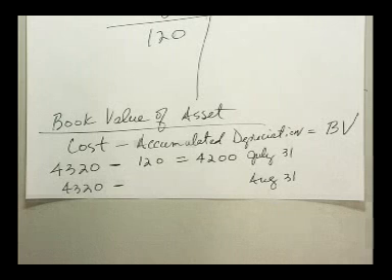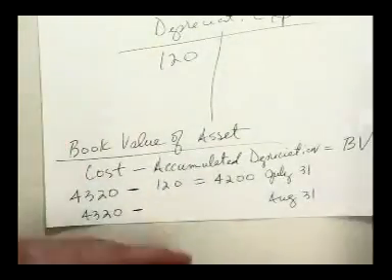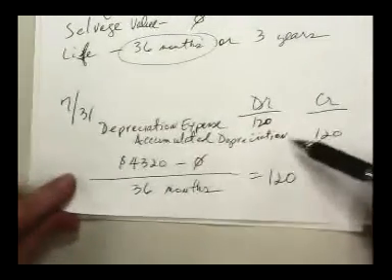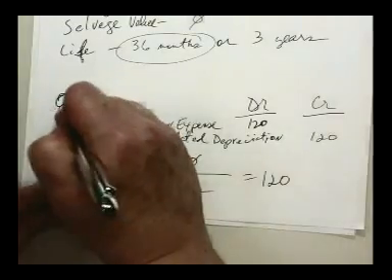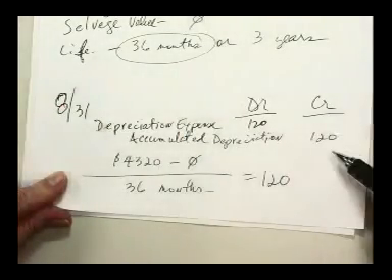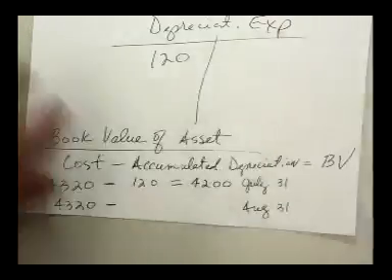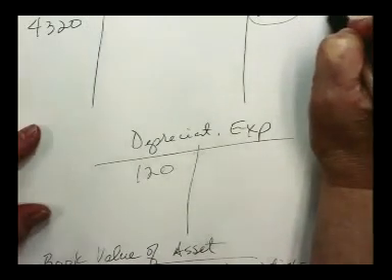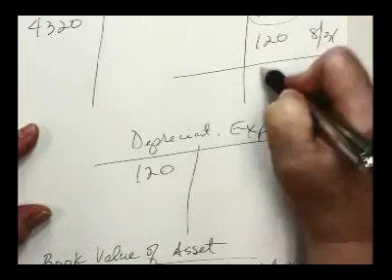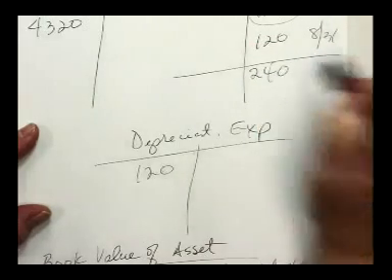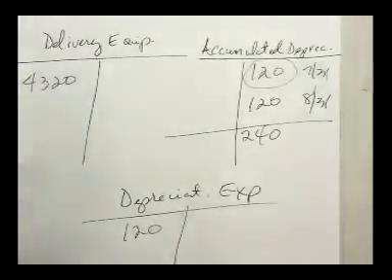So on August 31st, I'll do the same journal entry again, won't I? I'll debit depreciation expense, credit accumulated. So remember, this was on July 31st. Now I've done it again on 8/31, another 120. So right now, accumulated depreciation is equal to 240.